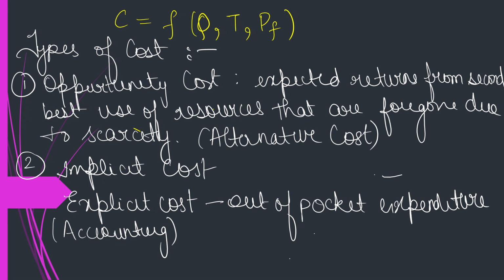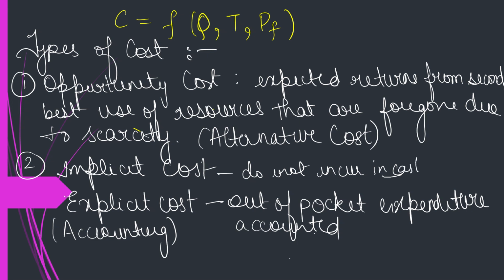These costs are accounted. Implicit costs do not incur cash outlays and are not accounted or recorded.